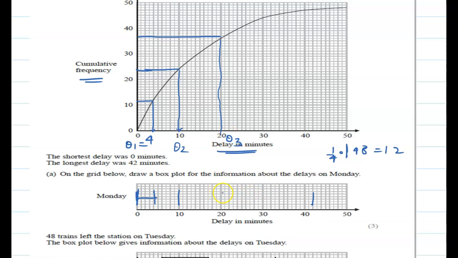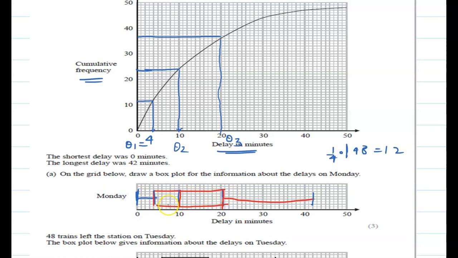So Q3 will be 20. And you can draw the box plot here. This one, and this will be your middle line. This is your box plot, and this is your median.